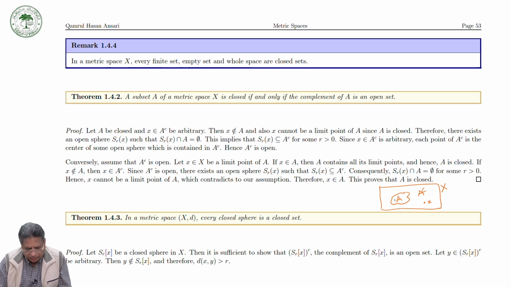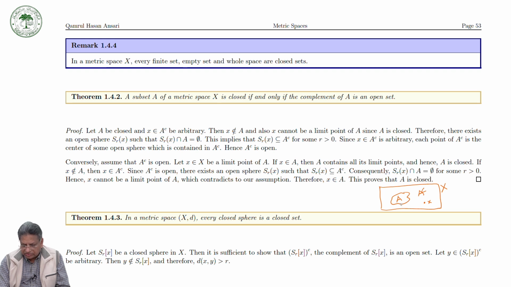Then x cannot be in A, and also x cannot be a limit point of A, because A is closed. So A contains all its limit points, and x is outside, so it cannot be a limit point of A.